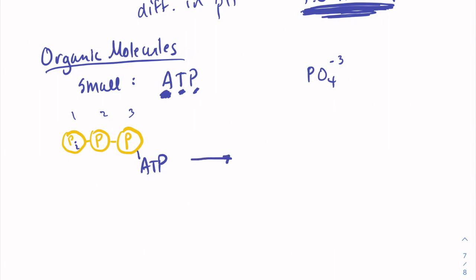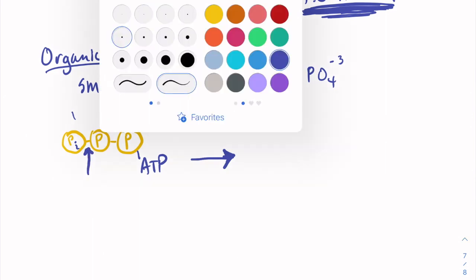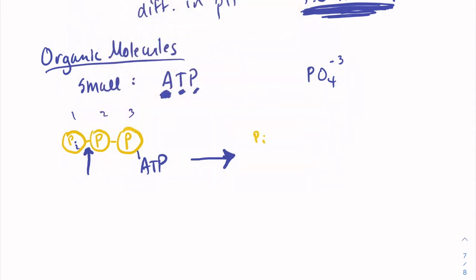The way that it is used is that for energy, when the cell wants to do something that requires energy, it breaks off this initial phosphate group. So that you have this initial phosphate group hanging out by itself, basically.